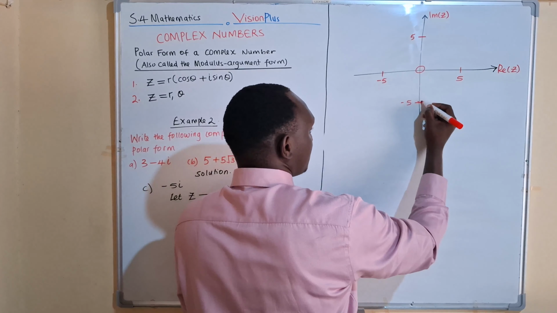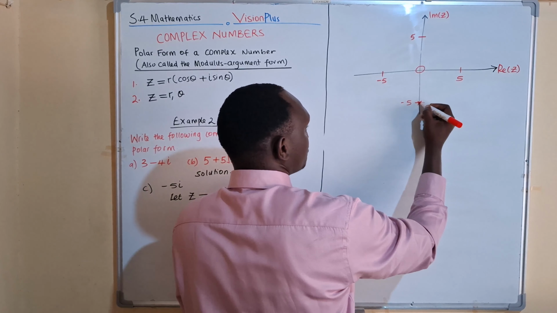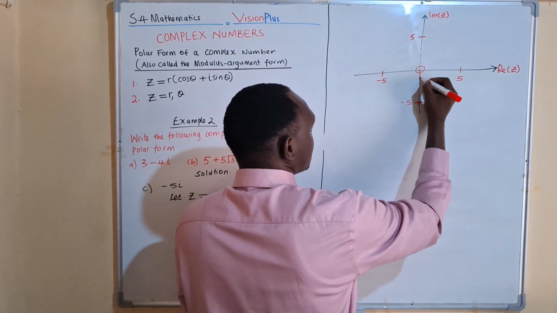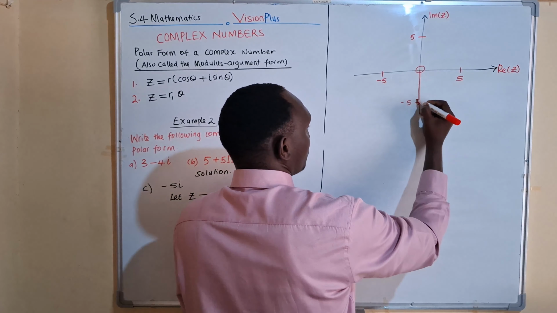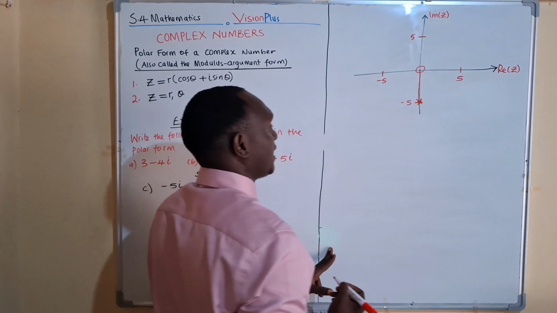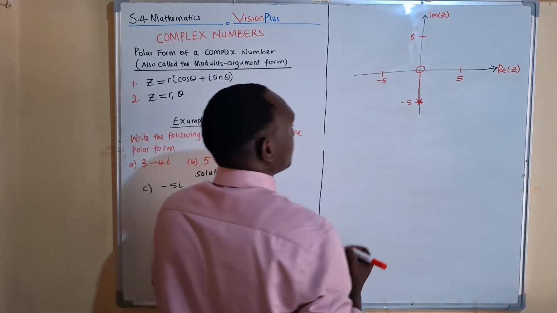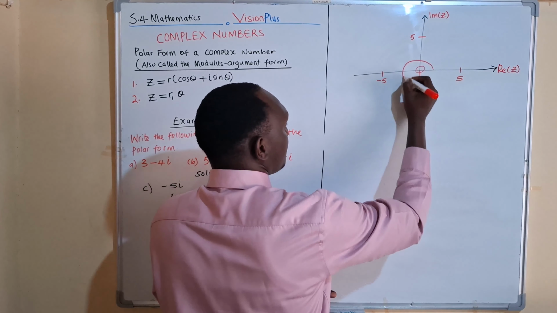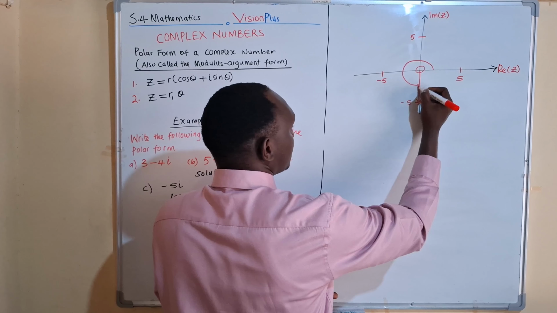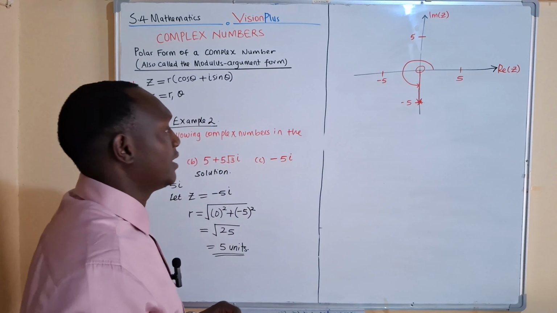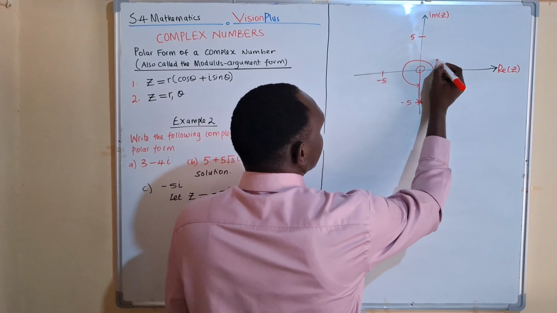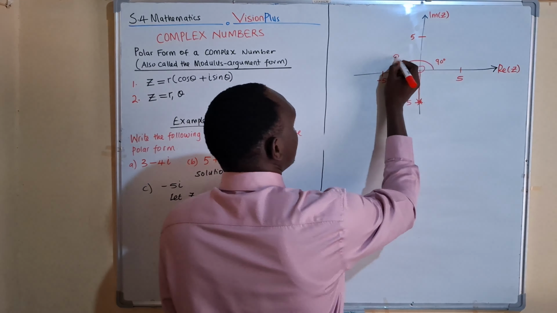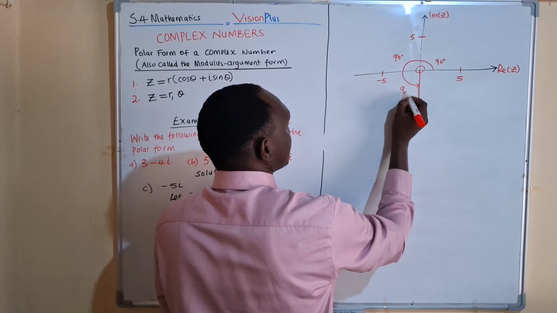So the two values are going to meet here. So we draw a straight line with an arrow on it, like that. What is the argument now? The argument becomes the angle measured from here up to where the complex number is. And we know that this side is 90 degrees, 90 degrees, 90 degrees.